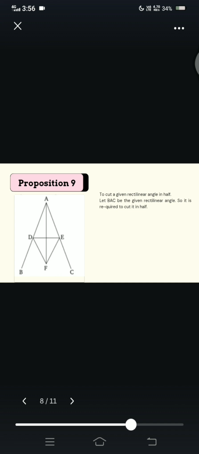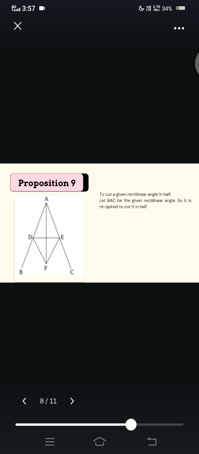Since line AC is greater than line AD, we can cut the line AC again. So that's why we will have our line AE. So since we have line AD and line AE na, then we will have our point D and point E.